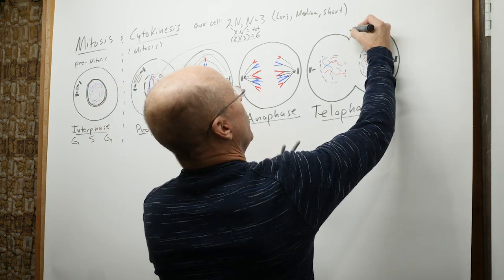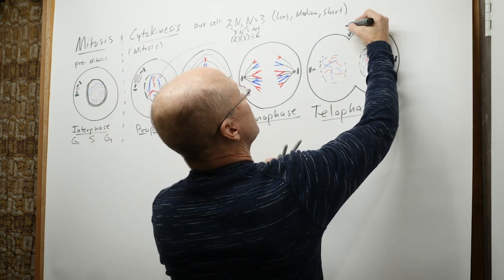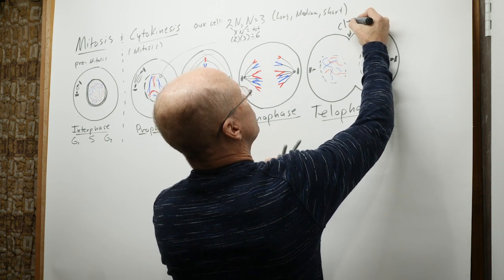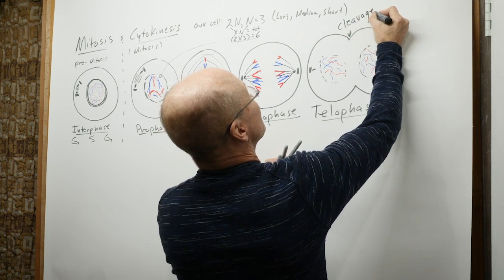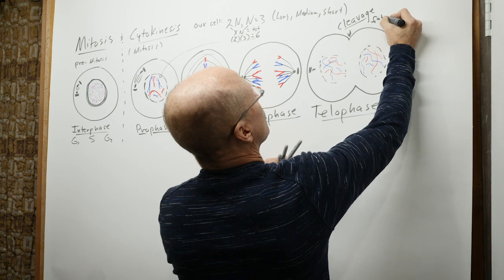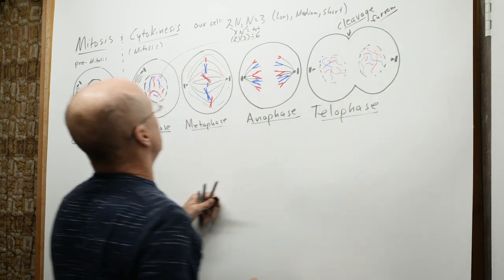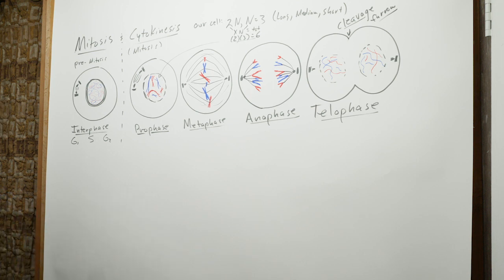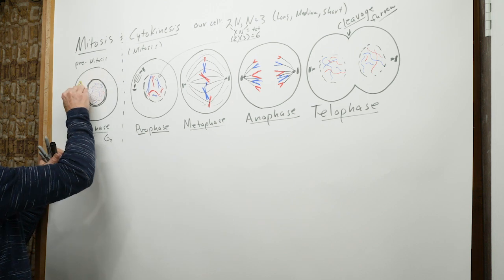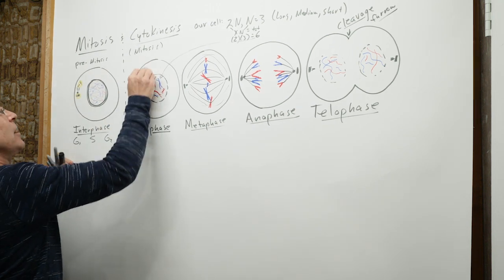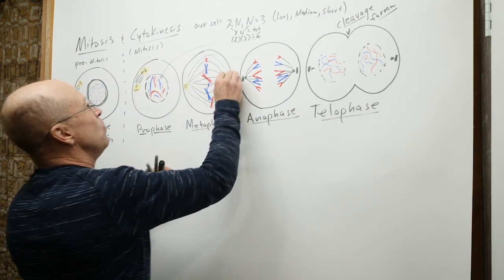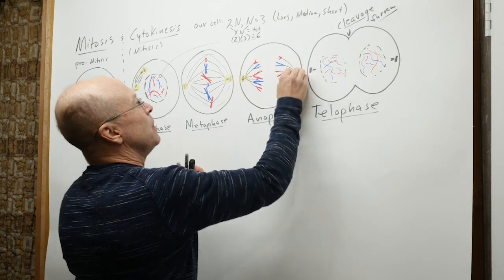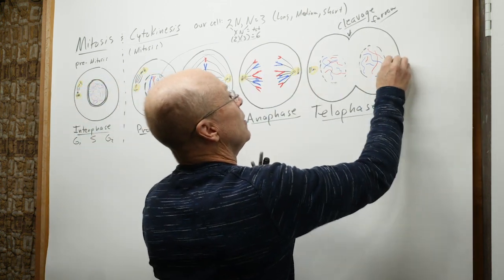And pointing out an important feature here, this feature would be called the cleavage furrow. I guess what I wanted to do here is get a color on this. So I'm going to color in these structures here all the way, and then I'm going to label what they are. This is more what it looks like in the book. Coloring in these structures.